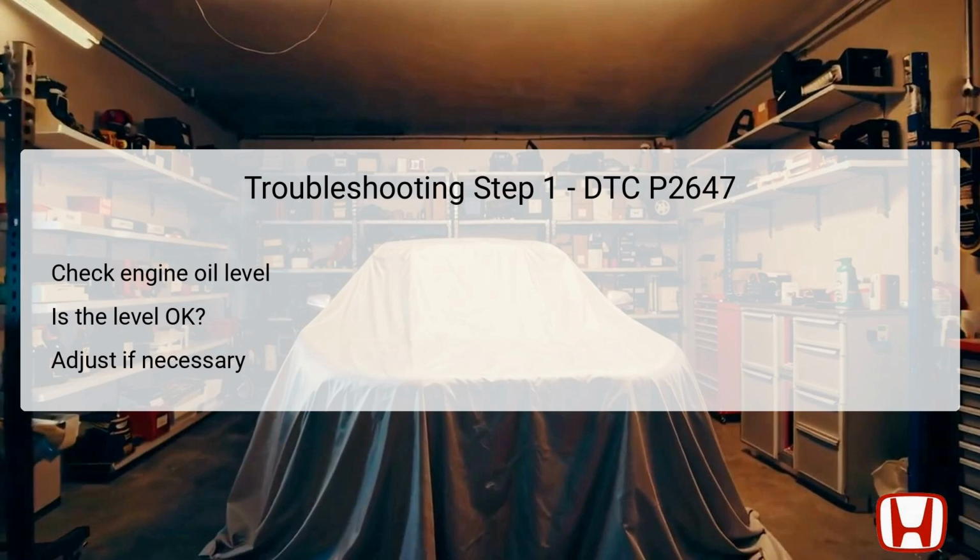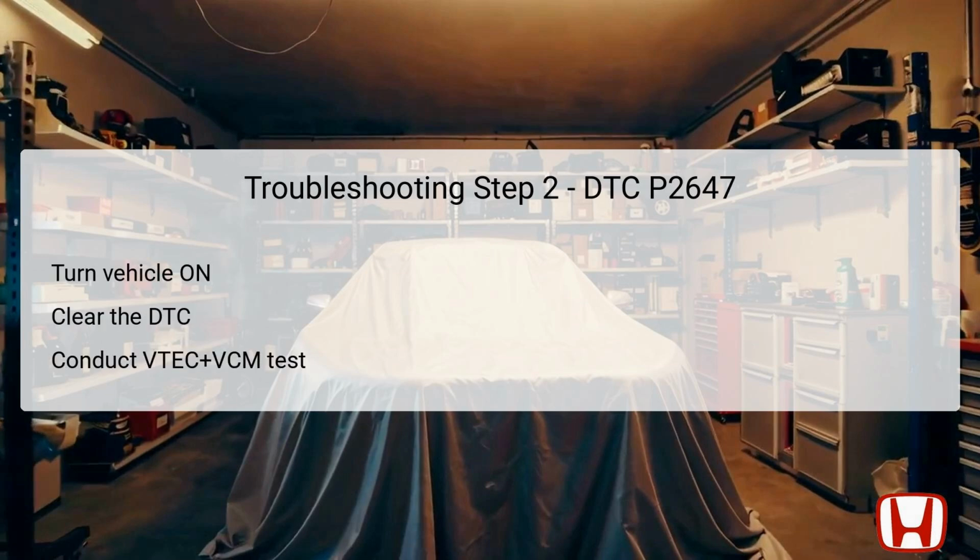Pull it out again to see the level marked. If the oil is below the recommended level, it must be adjusted to the appropriate level. After confirming that the oil level is satisfactory, you can proceed to the next diagnostic step, ensuring that the initial conditions are correct for accurate testing.